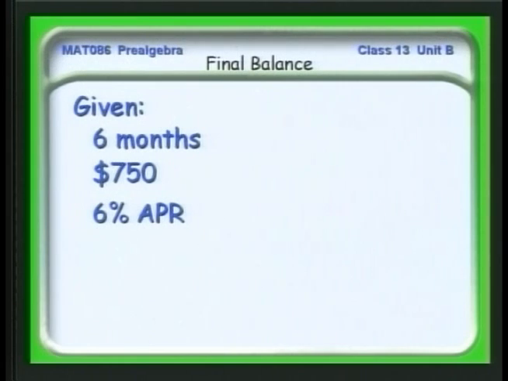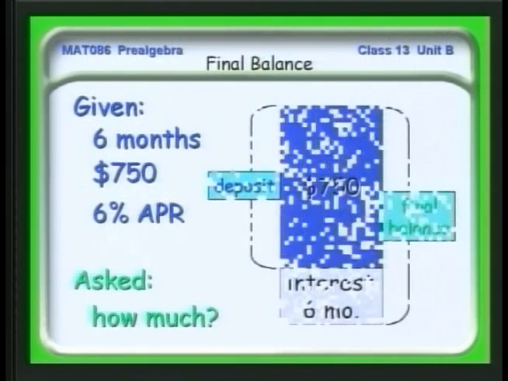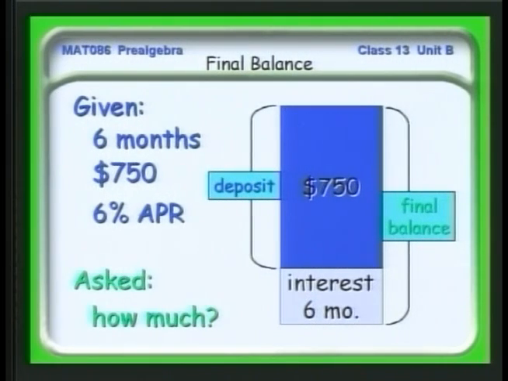This is what we're given. This is what we want to know. What is the final balance in her account at the end of a 6-month period? Here's what we're looking at. There's the initial deposit. Then the final balance is that initial deposit with the 6 months interest added to it.